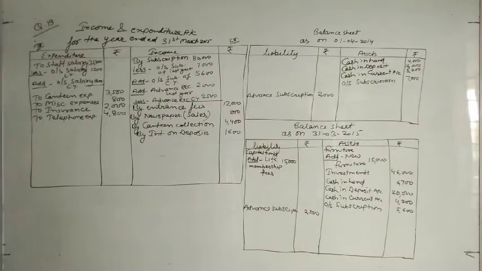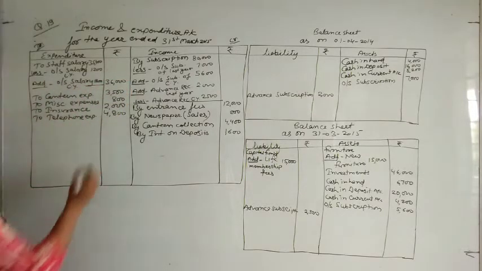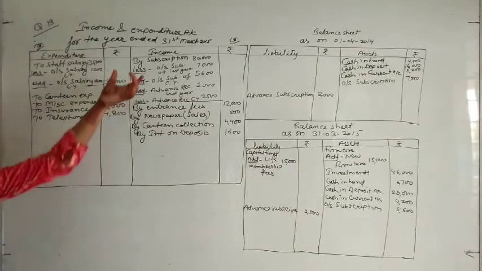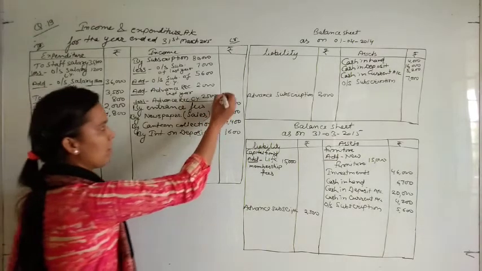So just write the net amount, 35,400 minus 1,200 and plus 1,800. So you will get the net amount of salary, that is 36,000. In the same way, we should write the net amount of subscription also, that will be 78,100.